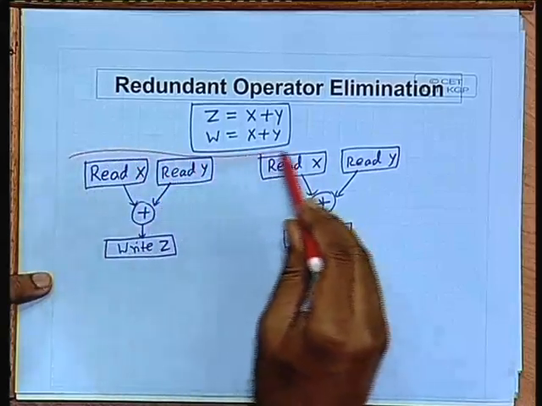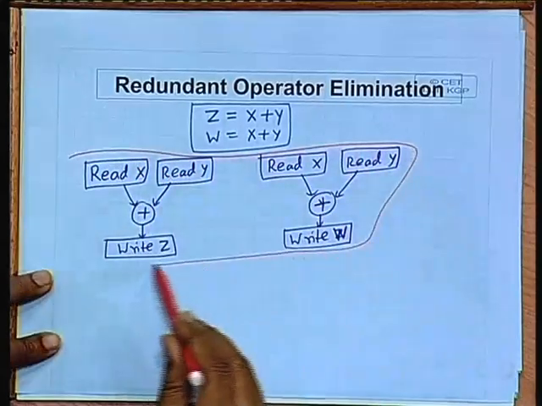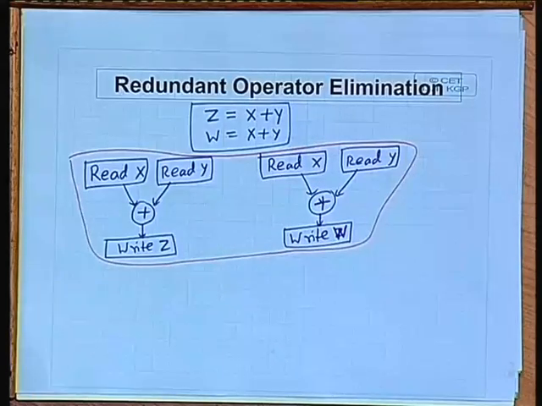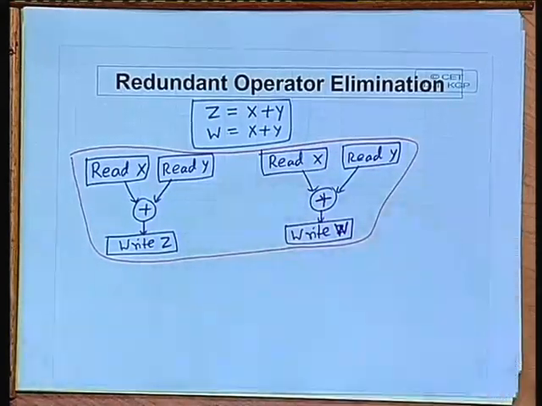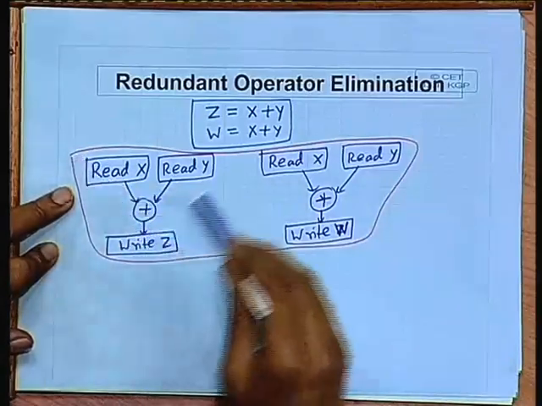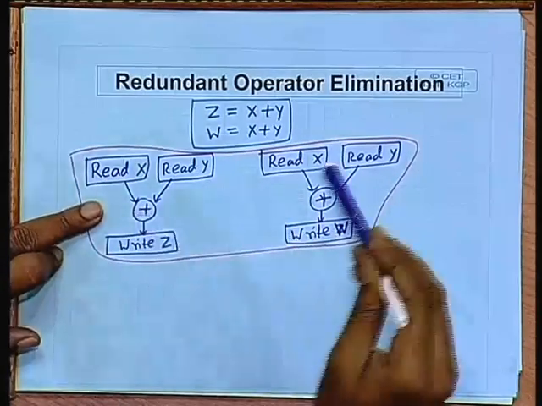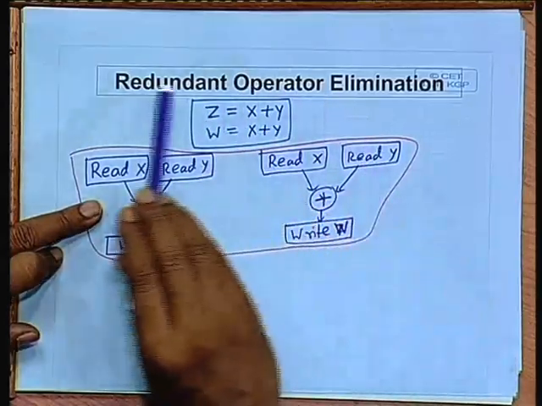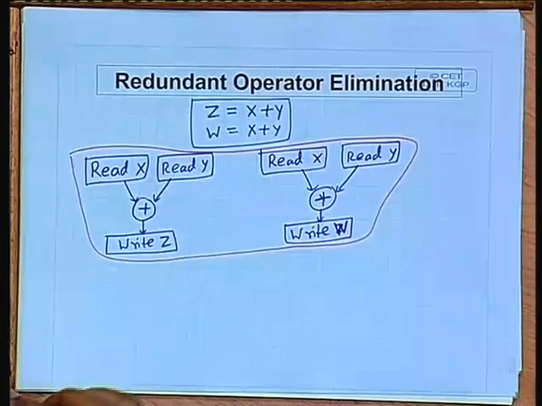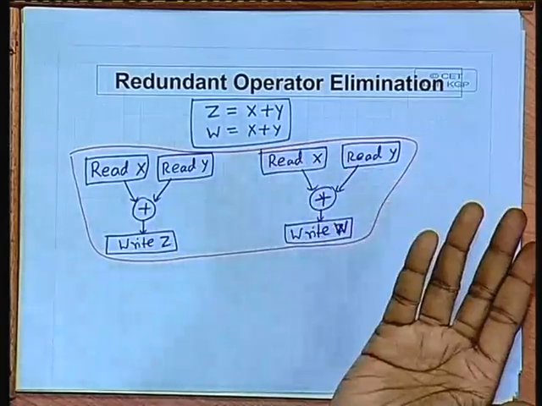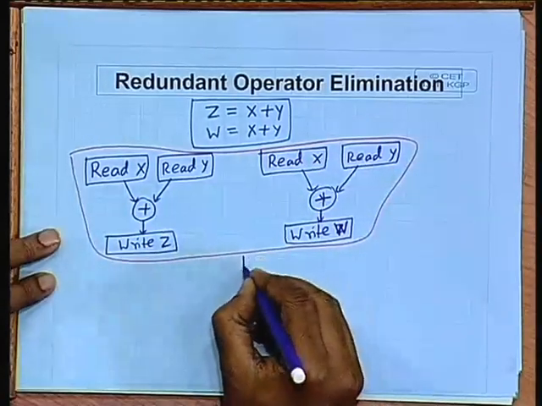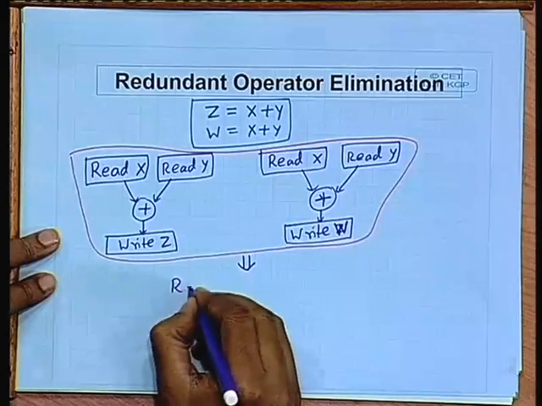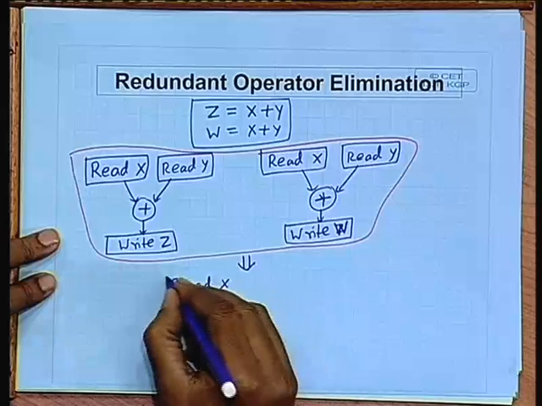These will be the graphs which are generated initially before any optimization steps, but the processor can find out that there is a portion of the tree, read x, read y, plus, which is identical. So, it can identify this redundant operator, or common operator, or common subexpression, whatever you call it, and it can transform this graph into another which will be like this.